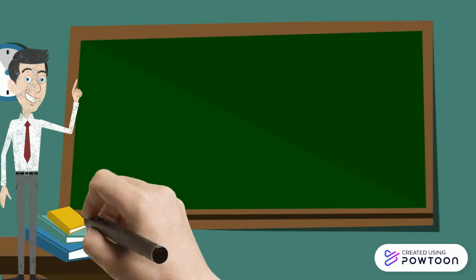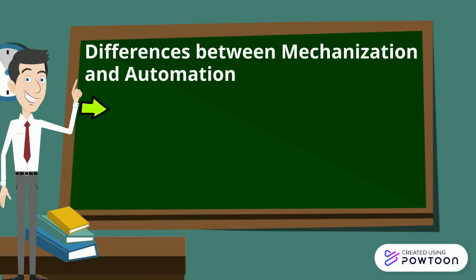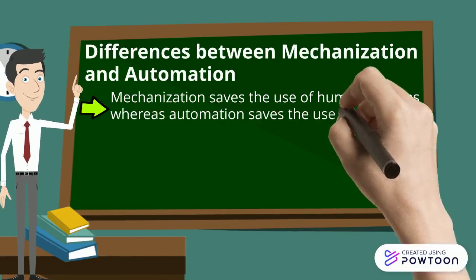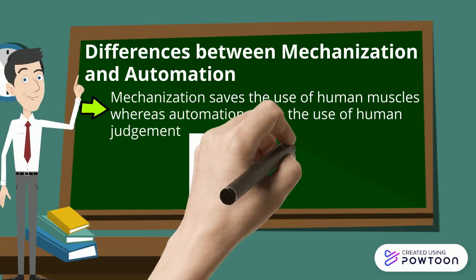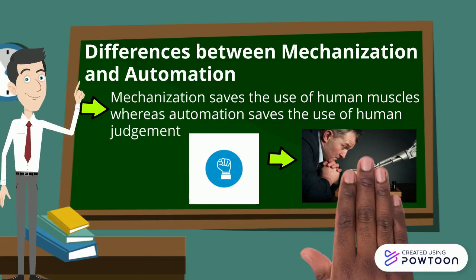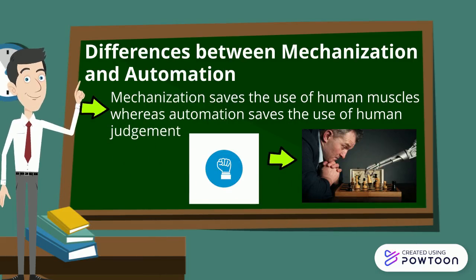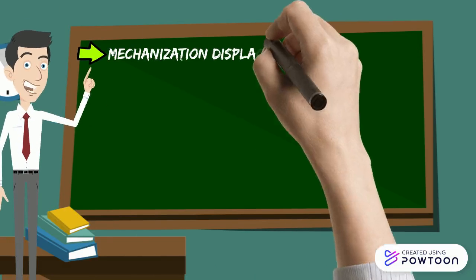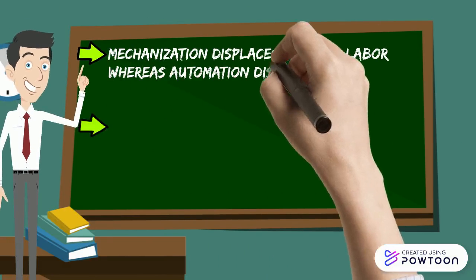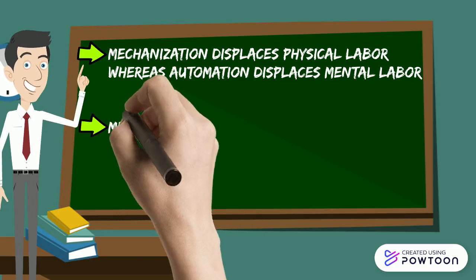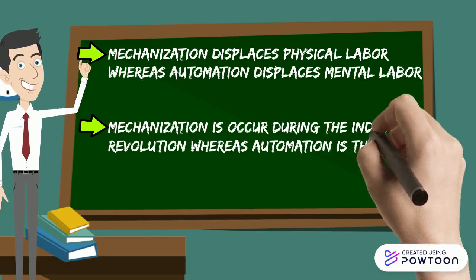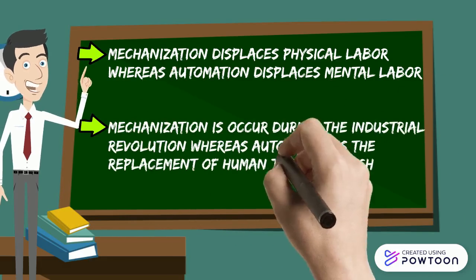Next, we will move on to the differences between mechanization and automation in manufacturing industries. Mechanization saves the use of human muscles, which means human labor, whereas automation saves the use of human judgment. Mechanization displaces physical labor, whereas automation displaces mental labor, which means accommodating programming in order to run the robots.